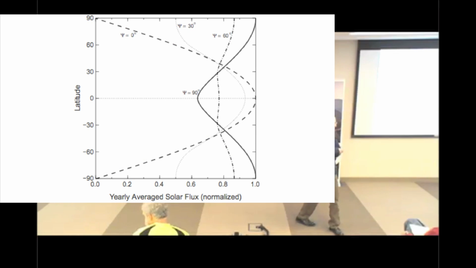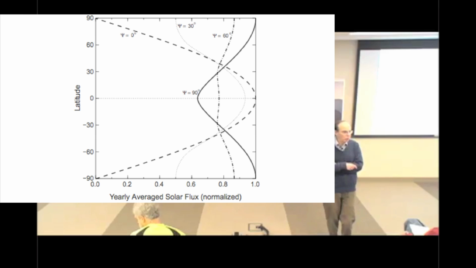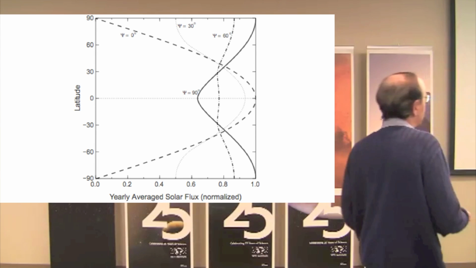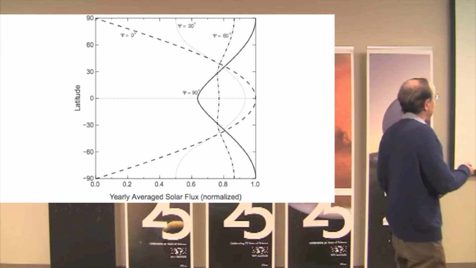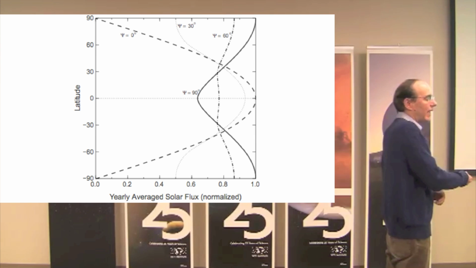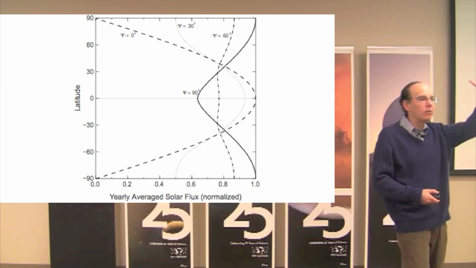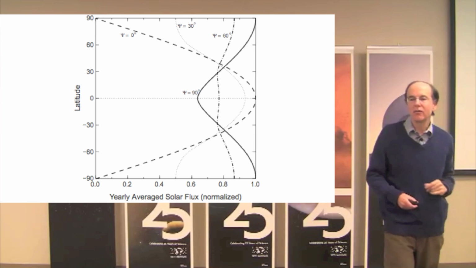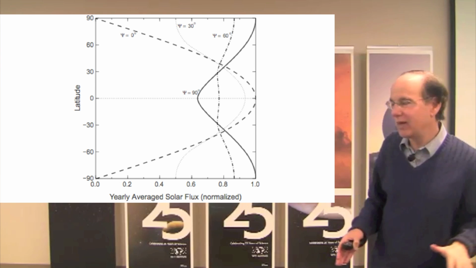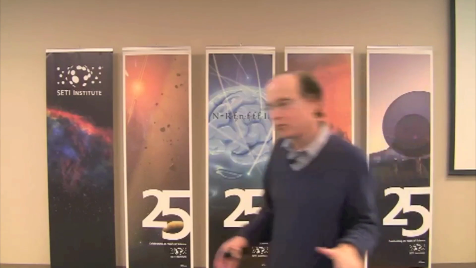Now, I was saying obliquity affects climate. And this is really the way that comes through. If you had a nice straight up obliquity, zero obliquity, the plane of the equator is the same as the plane of the orbit, you might think that would be a nice calm climate.